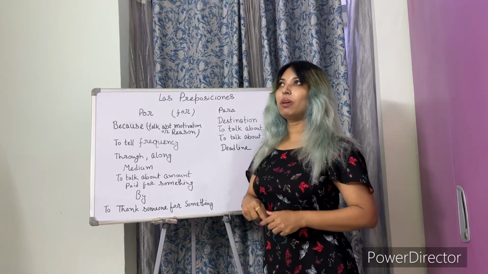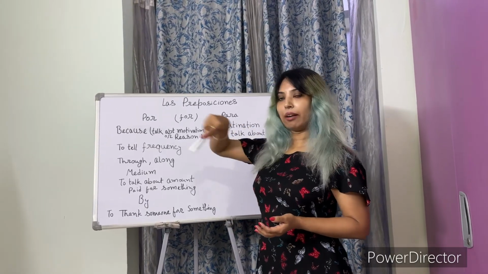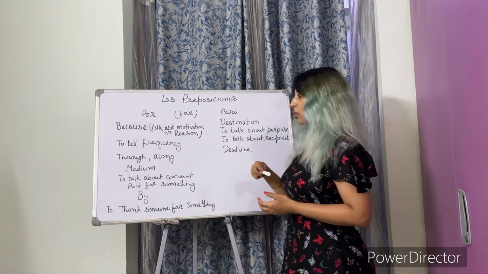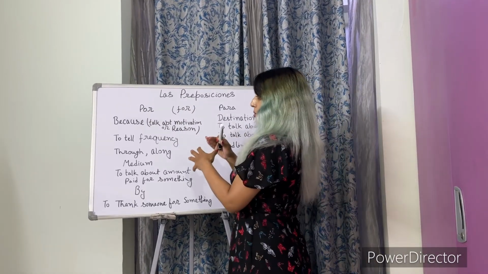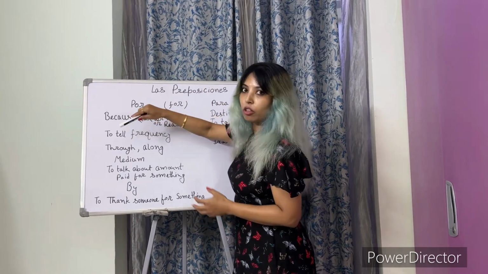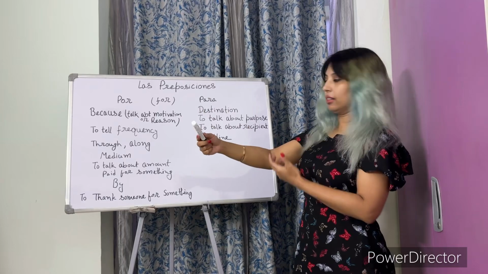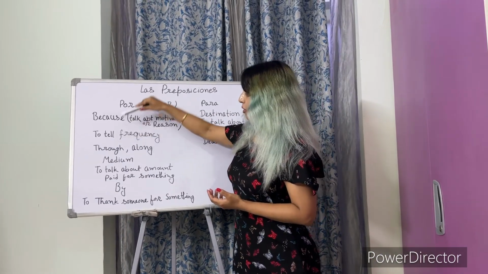The sentence would be viajé por Mumbai. I traveled through Mumbai. For destination you won't use por, but to mention "through" a city or place, you will use por.